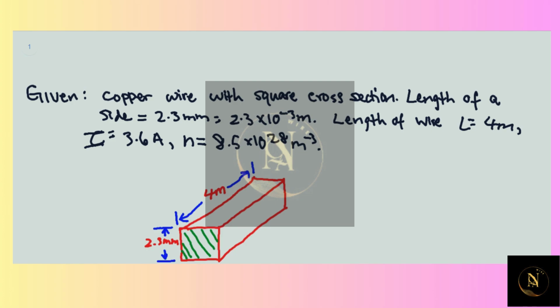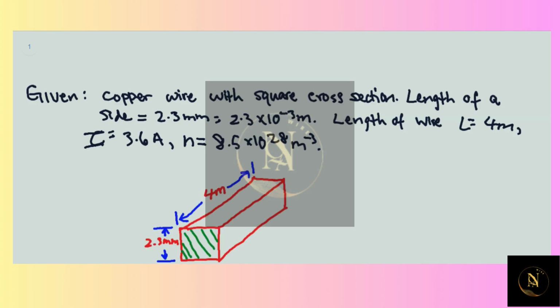The length of a side of the cross-sectional area is 2.3 millimeters. And the length of the wire is 4 meters. We're told that a current of 3.6 amperes flows through this wire, and it has a free electron density of 8.5 times 10 to the 28 per meter cube.